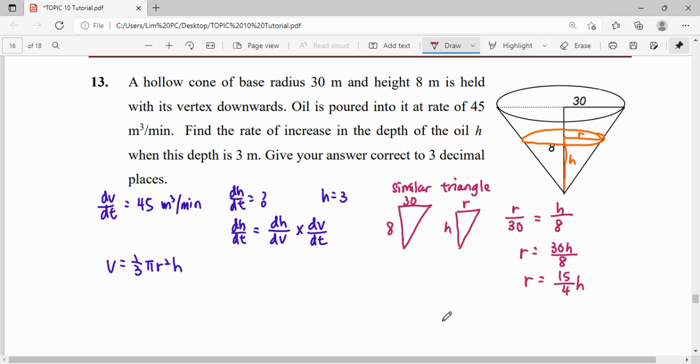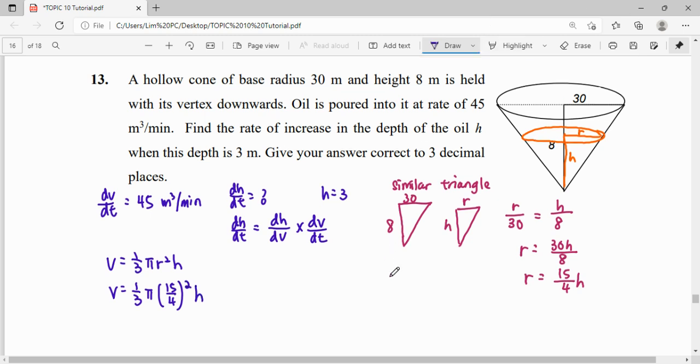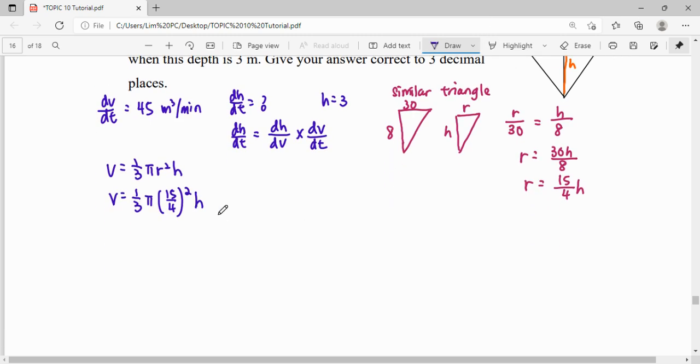After we get this ratio, we can substitute it inside our formula of the cone. So our formula can be 1/3 pi, where r is 15/4 h, squared, times h. Now our formula is in terms of one variable.